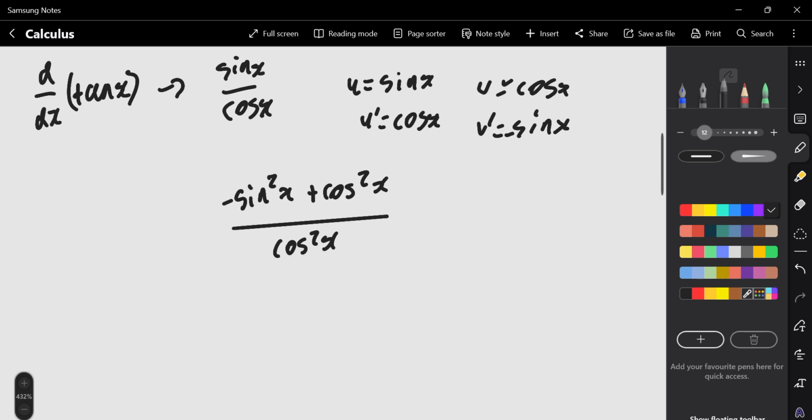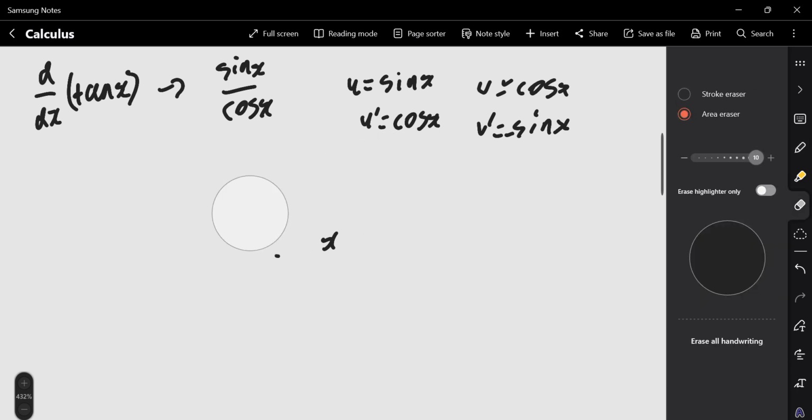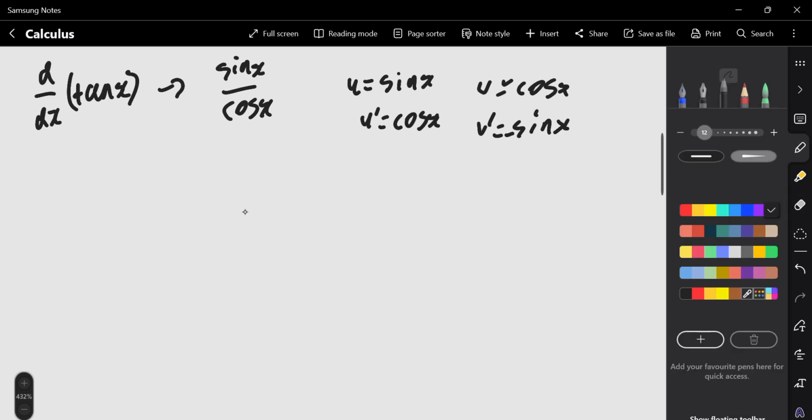Sine squared plus cos squared is 1. Where does the minus go? Let me think about this. It should have been u v prime, like this: cos squared x minus, brackets, minus sine squared x.